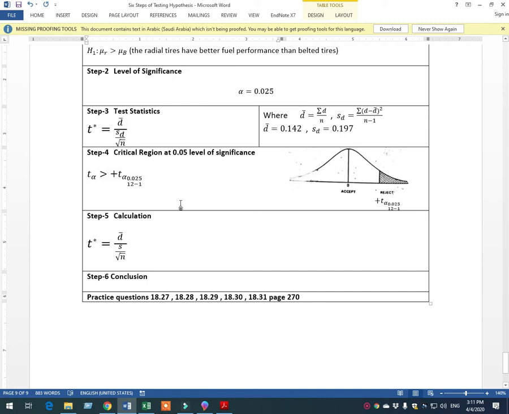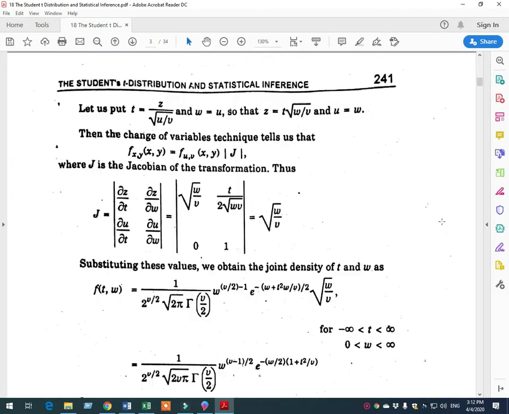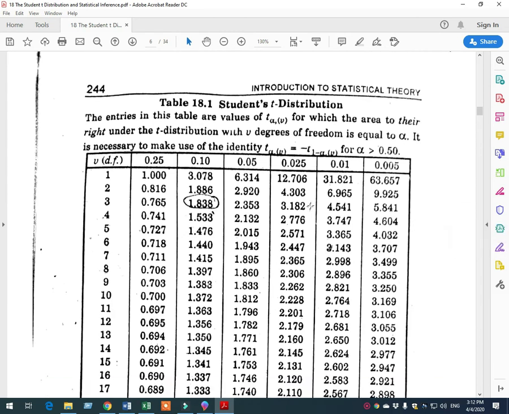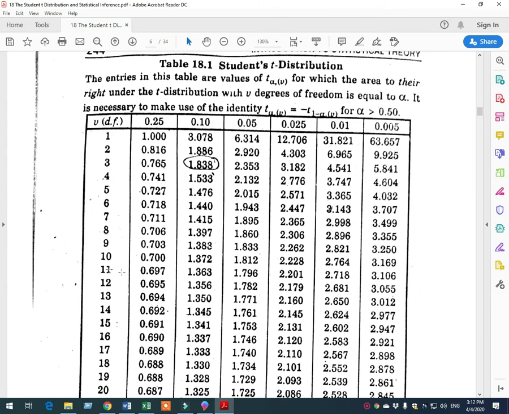0.025 with degree of freedom 12 minus 1, and by observing my T table, as I showed you in my previous lectures on page number 244. So 0.025 is this, and against the value of 11 degrees of freedom, it is 2.201. Again 0.025 is the alpha value, and the number of degrees of freedom is 11, so that becomes this 2.201.